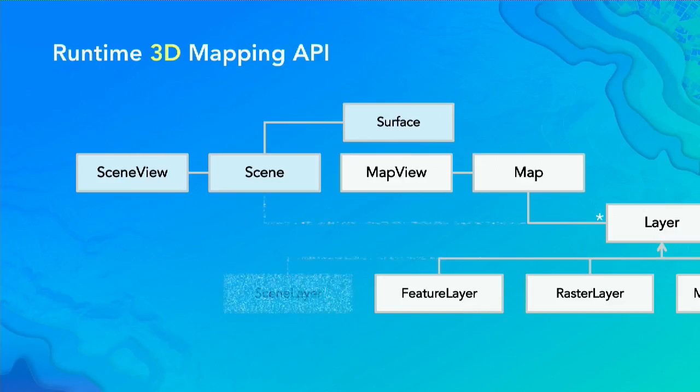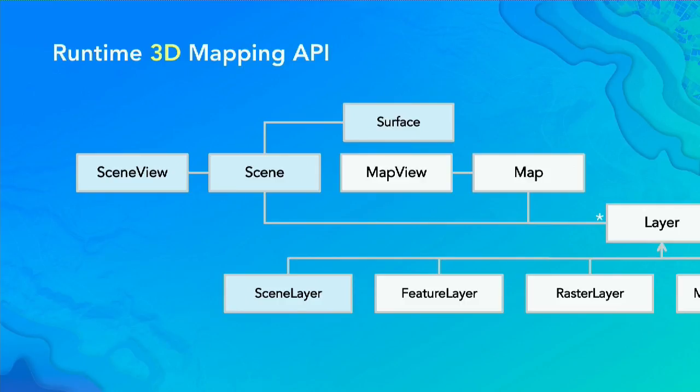So scenes have layers as well, just like a map. A scene can render anything that a 2D map can have. So if you add a 2D layer to a scene, it'll render and it'll get some basic behavior that's built into the system. If you want to get really 3D behavior and 3D properties, you need to start working with a scene layer.